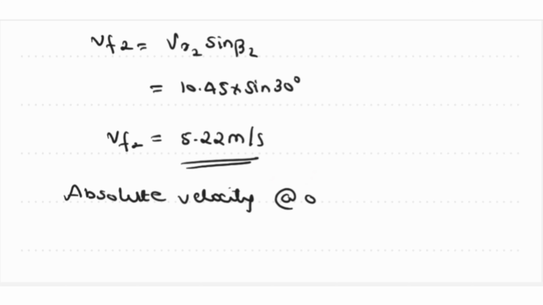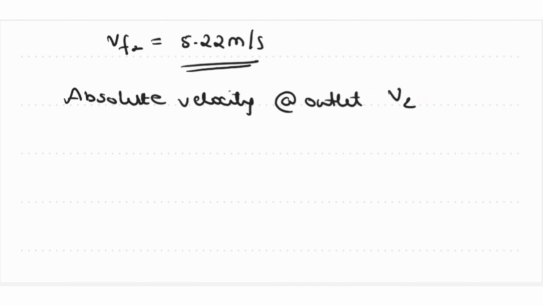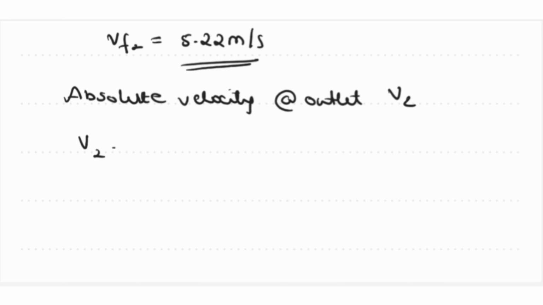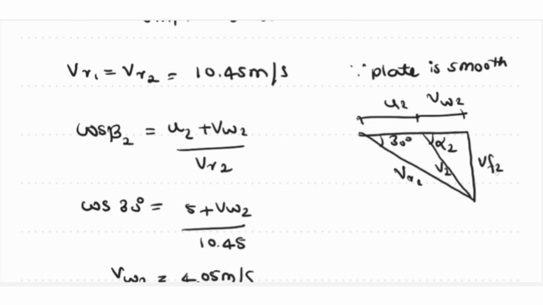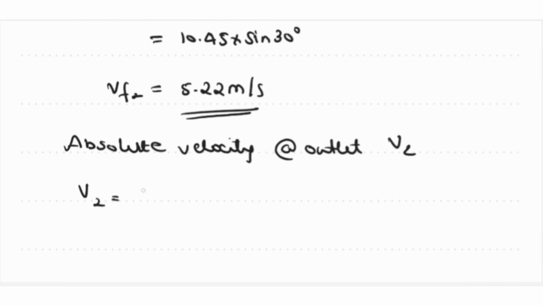So now we can calculate absolute velocity at outlet. So that is nothing but V2. V2 we can calculate very easily by applying the Pythagoras. V2 is equal to square root of Vf2 square plus Vw2 square.